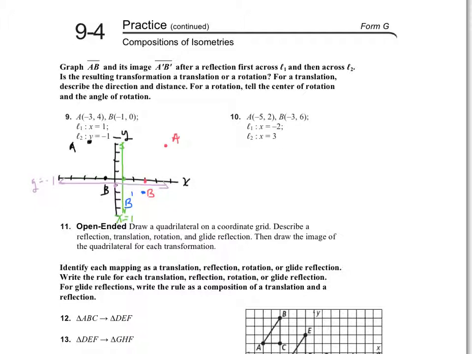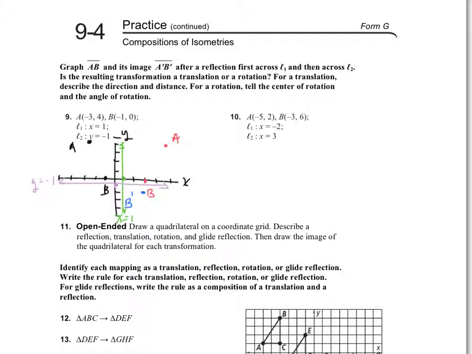And then A is 4 away from here to here, and we want to go 4 away over here. Or it's actually 5 away. Sorry, it's 4 from here to here plus 1 more, so it's 5. So we need to go 5 in this direction.